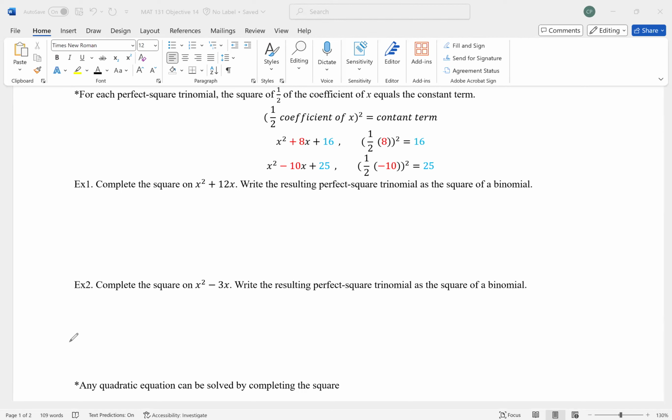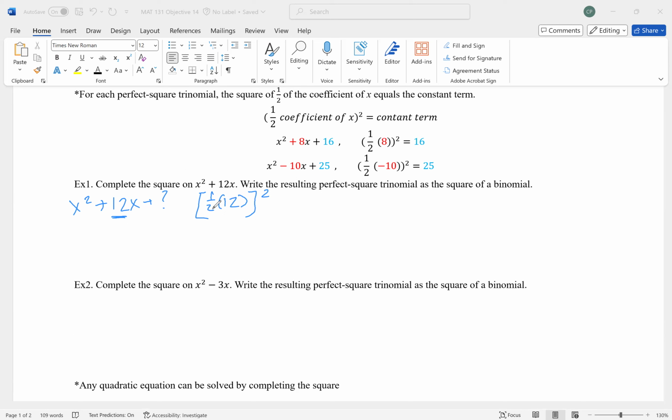So we have x squared plus 12x, all right? And we don't know what that third term is, okay? So we're going to use our little formula over here. I like to write it like this, 1/2, and I like to plug in my coefficient of x. In this situation, the coefficient of x is 12, all right?